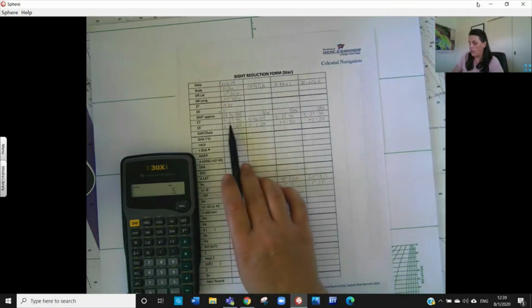We have a chronometer time for each star, and then our chronometer error was the same. It was 1 minute and 20 seconds slow. So if it's slow, we have to add it. We will add it here.